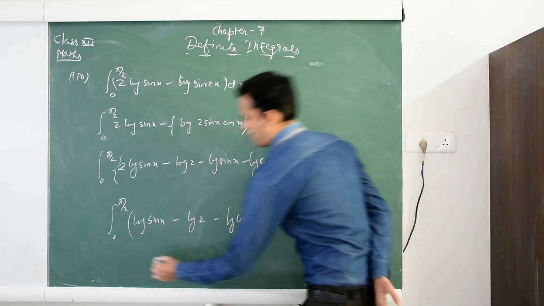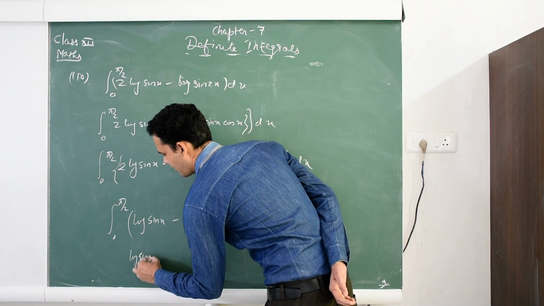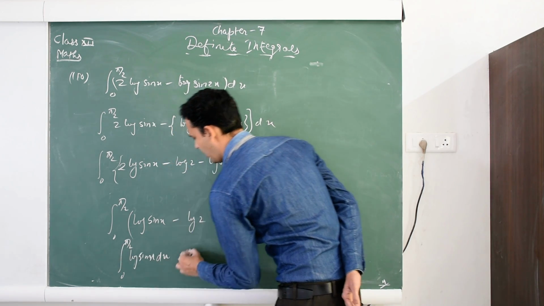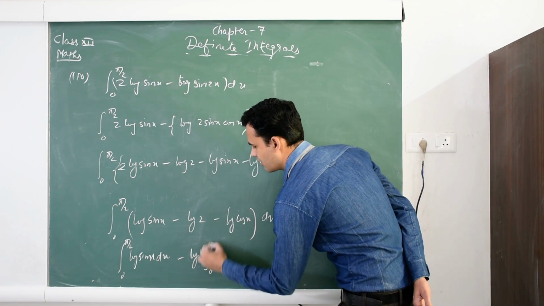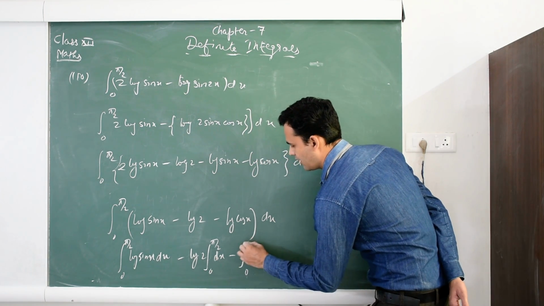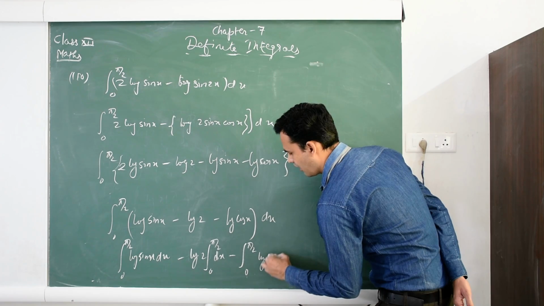Now, we separate these three terms. So, integral of log sin x dx from 0 to pi by 2, minus log 2 times the integral from 0 to pi by 2 of dx, minus the integral from 0 to pi by 2 of log cos x dx.